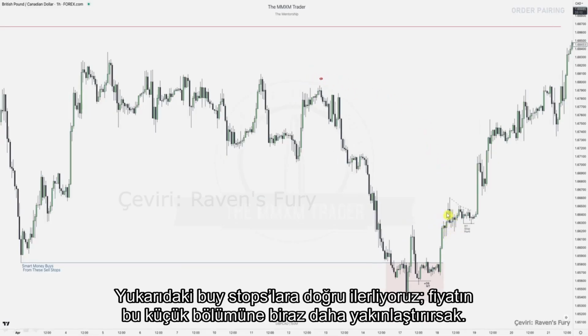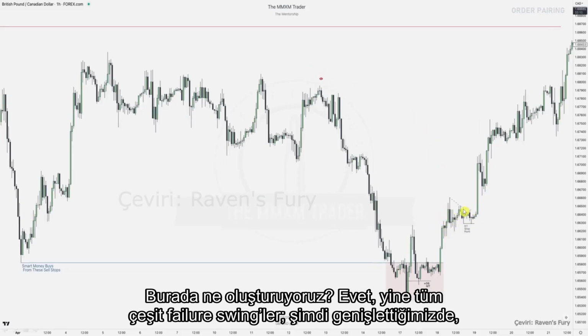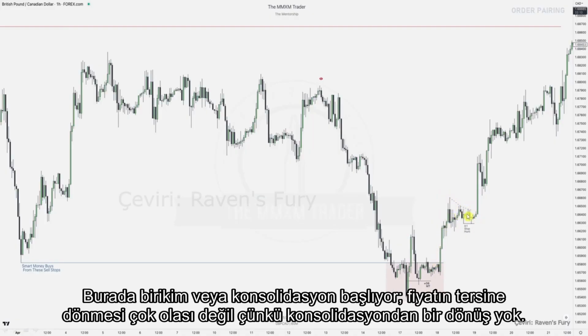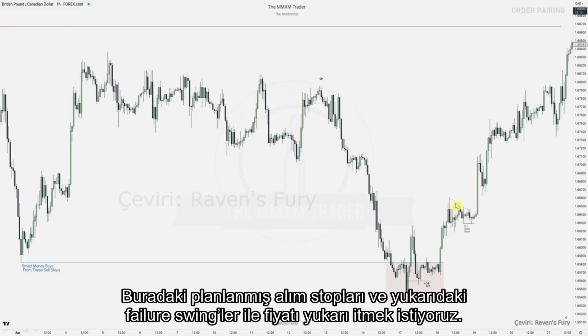Zooming in a little bit more on this little piece of price action over here. Again, what are we forming up here, right? Also all kinds of failure swings. Now, when we expand and then start to accumulate or consolidate over here, it's highly unlikely to reverse because there is no reversal from a consolidation.